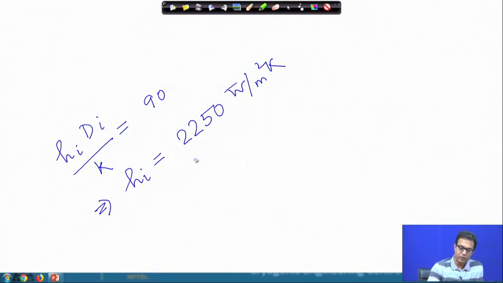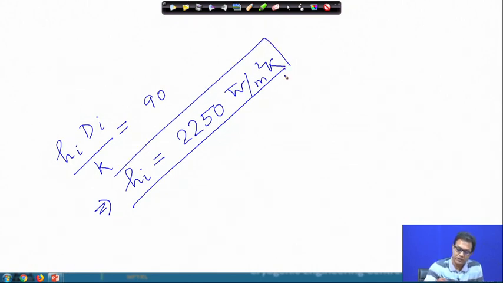So, now we know the internal heat transfer coefficient. With this knowledge, we now have to go to the next parameter, that is the heat transfer coefficient of the annulus passage.